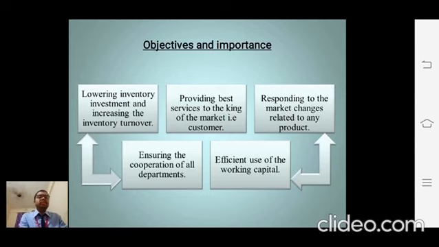Coordination and cooperation between them is very necessary. And the last one is efficient use of working capital. Efficiency means managing time, space, storage, and cost. Working on that efficiency is the objective of material management, and it's also important.